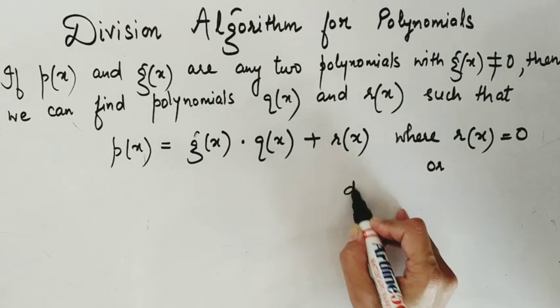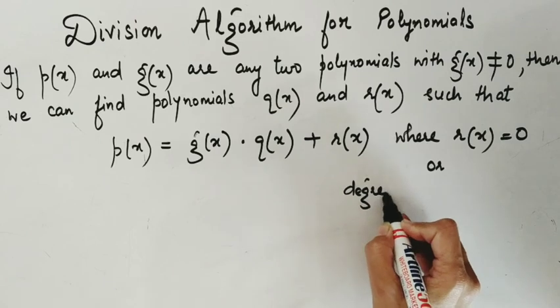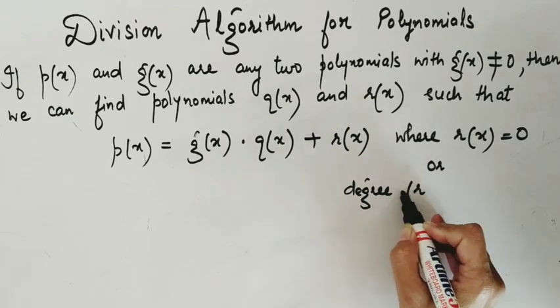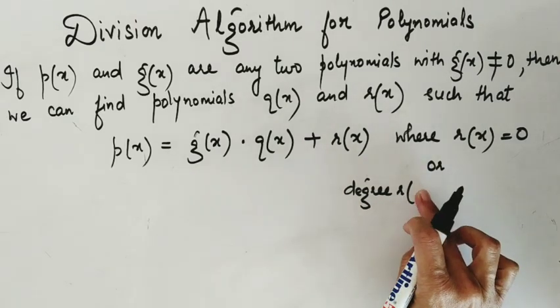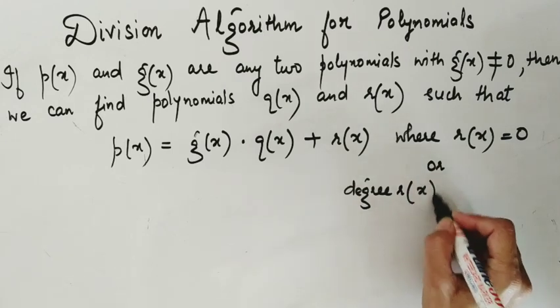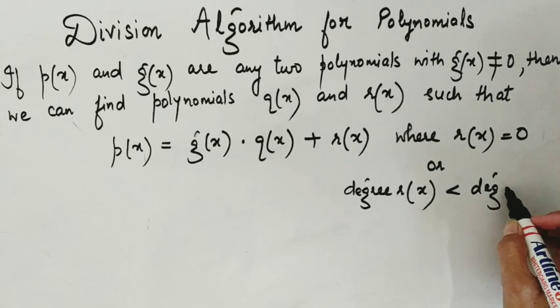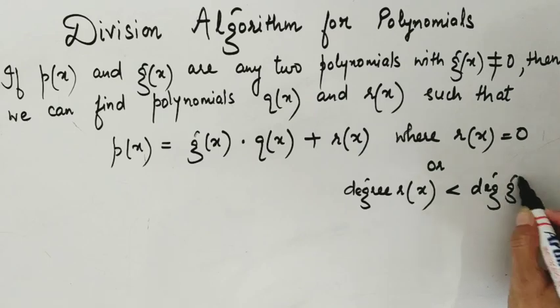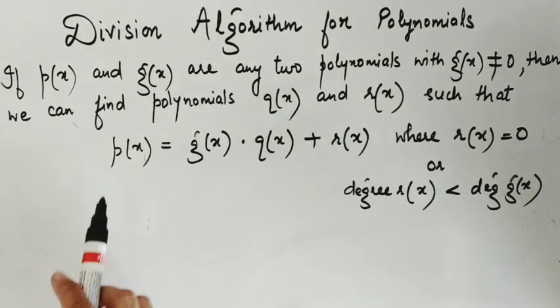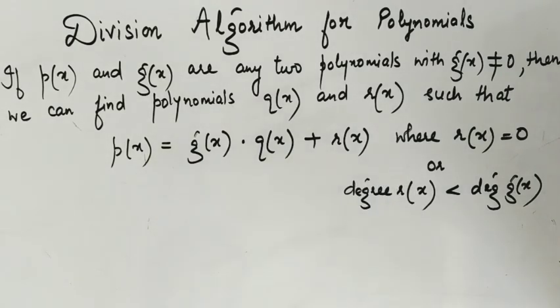Then we would see that the degree of the remainder has to be less than the degree of the divisor. So this is nothing but what we have been doing till now.